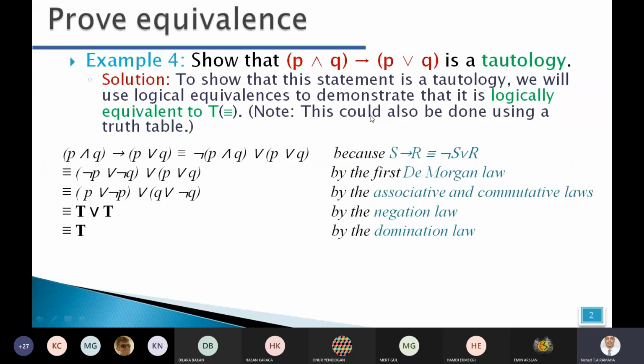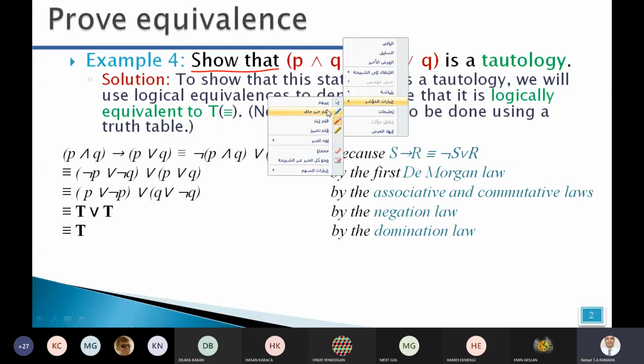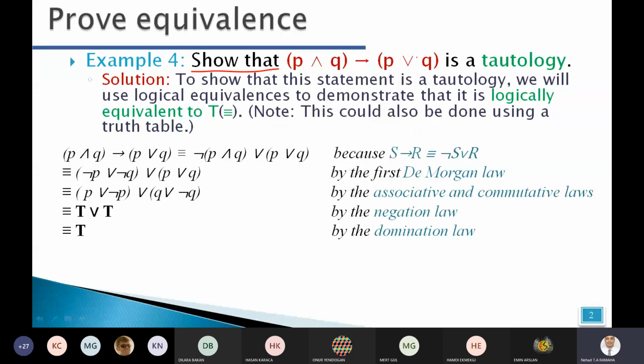More examples. This example asks you not to prove, but to show that, let me change the color only, to show that this compound proposition is a tautology.